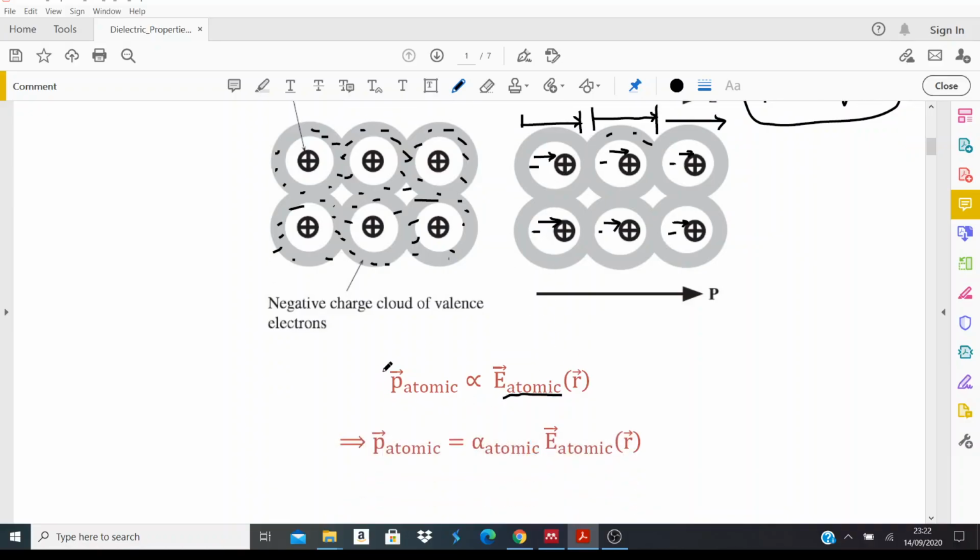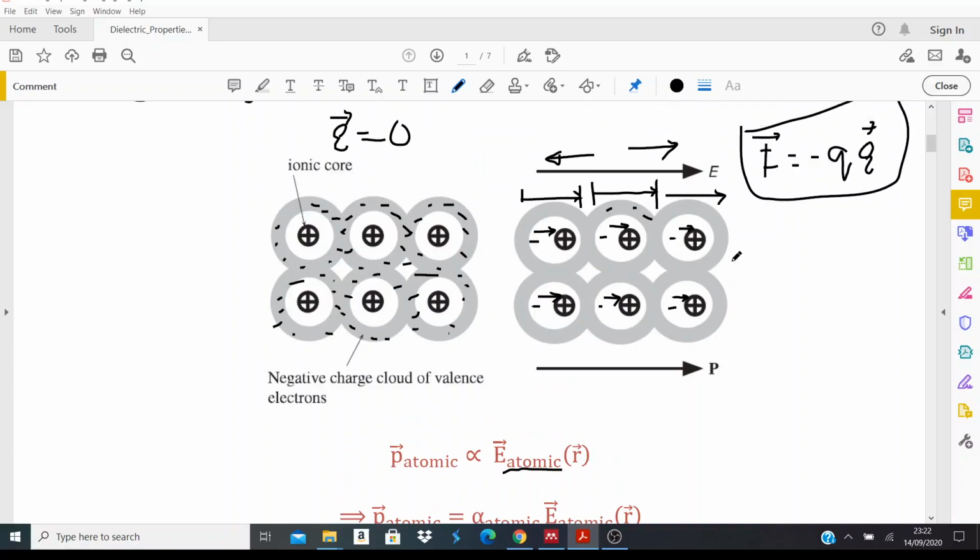And so the polarization depends on the strength of the electric field linearly. The stronger the electric field felt by the atom, the more distortion the atom will undergo, and we will have a stronger dipole moment. Usually what happens is that this force will be stronger when the electric field is strong, so the charges will have a larger separation.